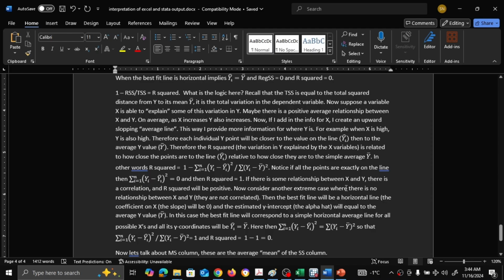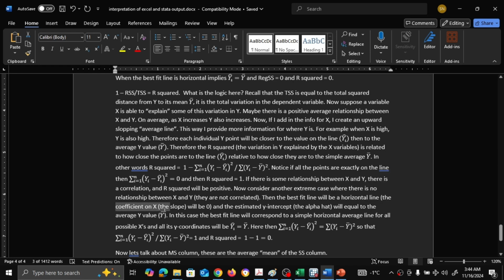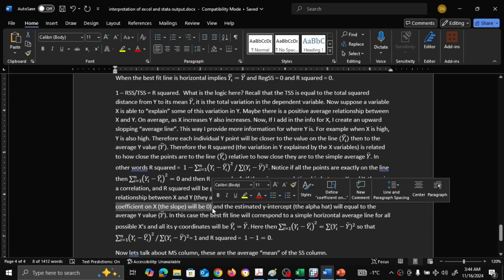Now consider another extreme case where there is no relationship between x and y. They're not correlated at all. Then the best fit line will be a horizontal line. That will be the best fitting line. It will be horizontal. The coefficient on x will be 0 as well. So your beta hat estimate will be 0.